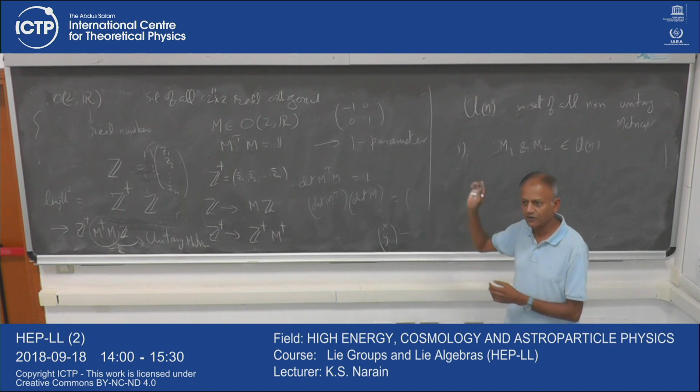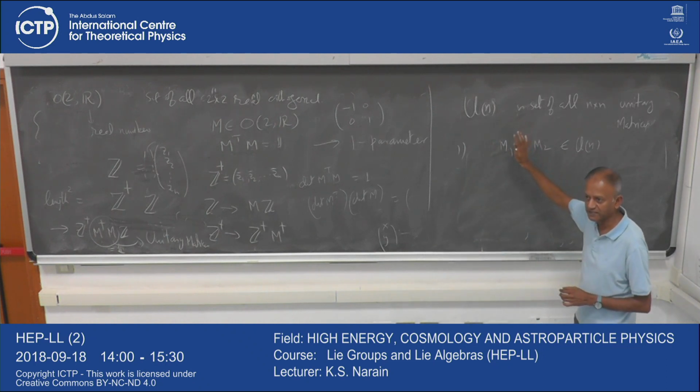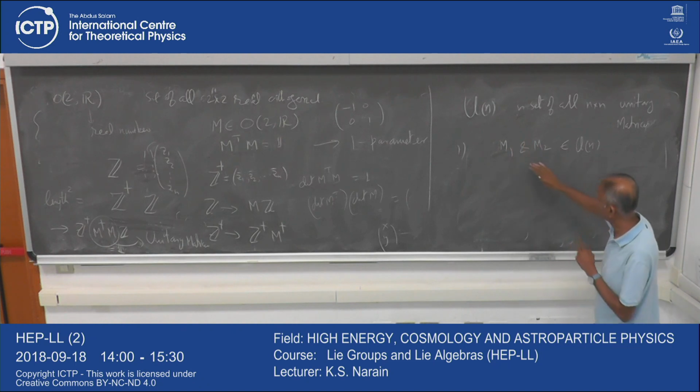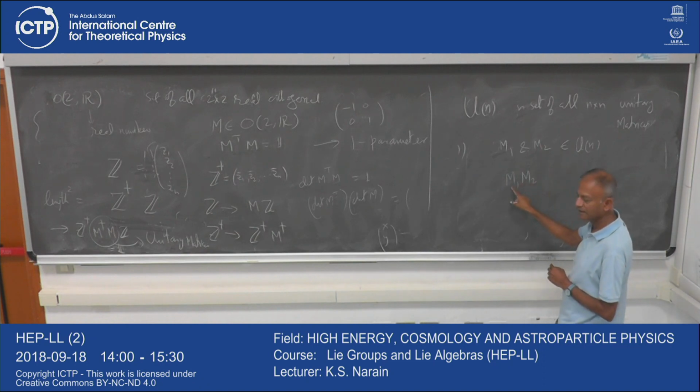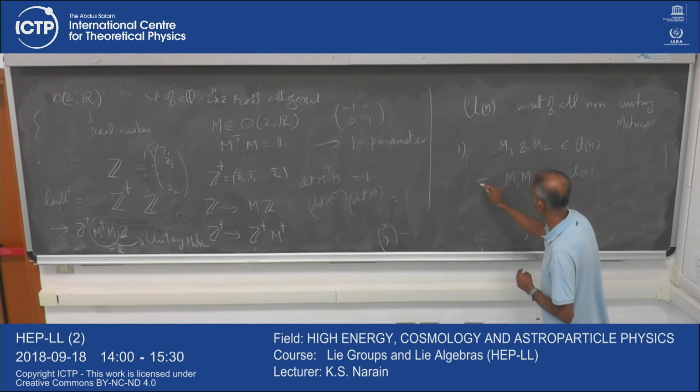What we are saying is that it is the usual matrix multiplication. So what we want to check is that if M1 and M2 are in UN, then M1 M2 in the usual matrix multiplication also belongs to UN. This is what we want to check, right? Then this implies that.